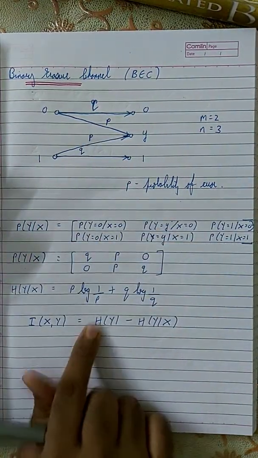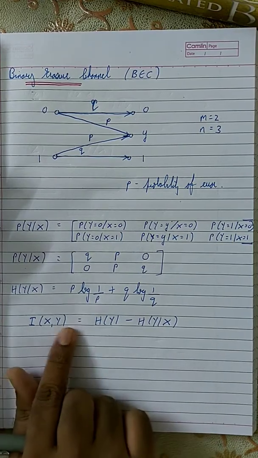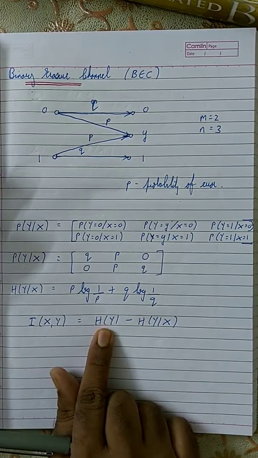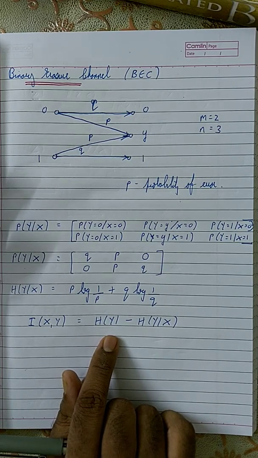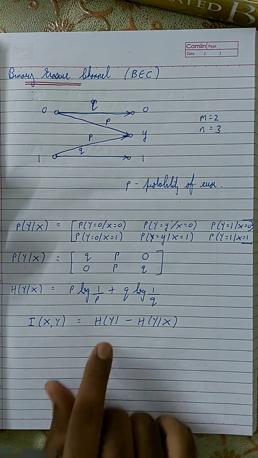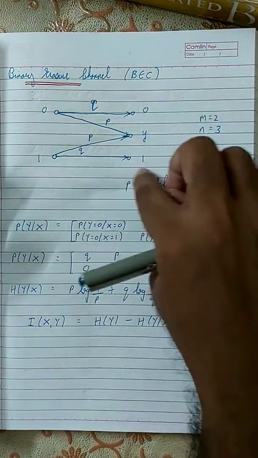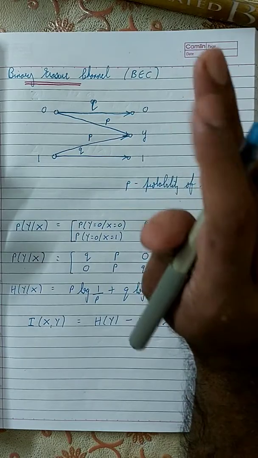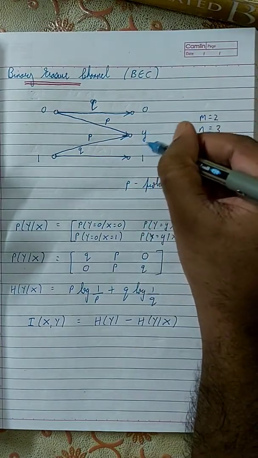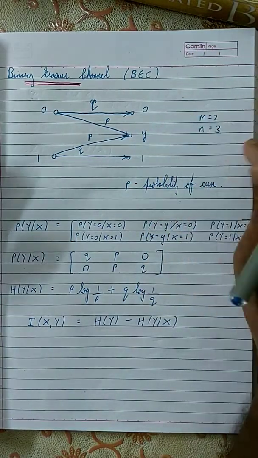The reason is that this equation has H of y inside it, and H of y means the entropy of the receiver. But the entropy of the receiver will not be the same as the information provided by these three symbols, because the information provided by this symbol is rejected.